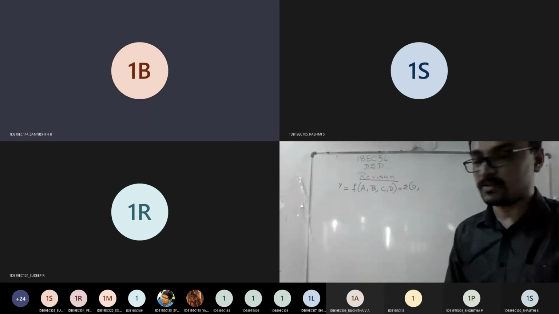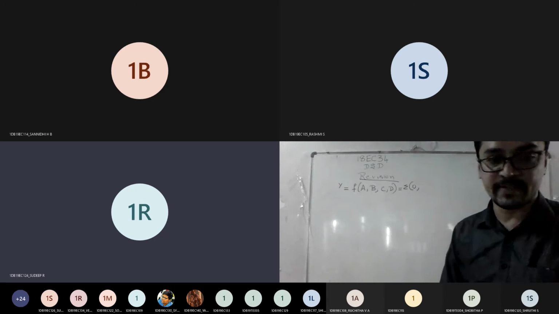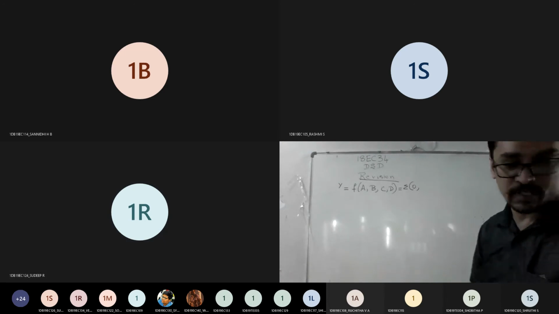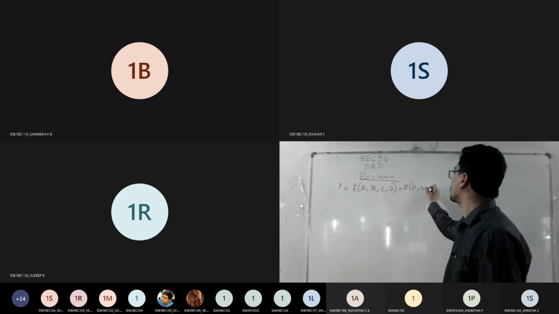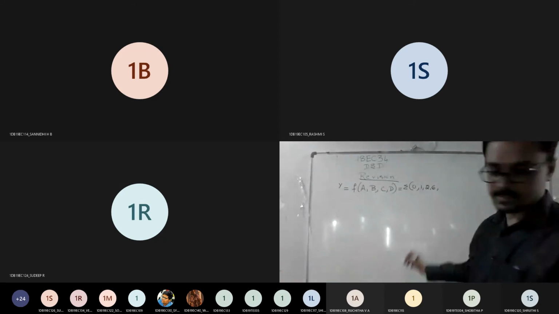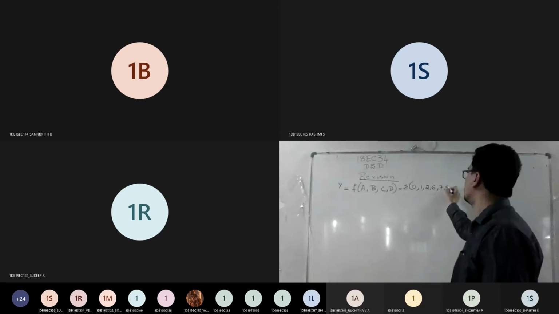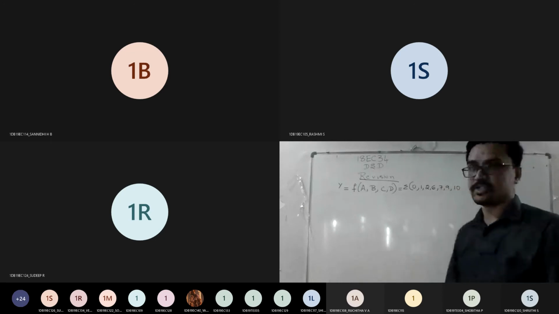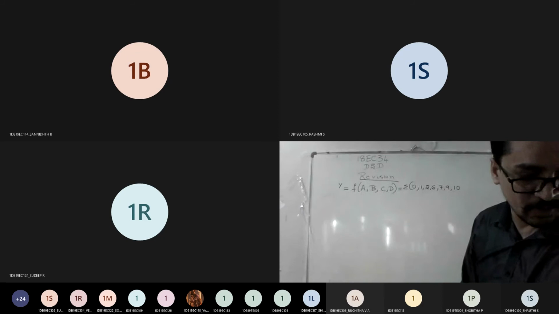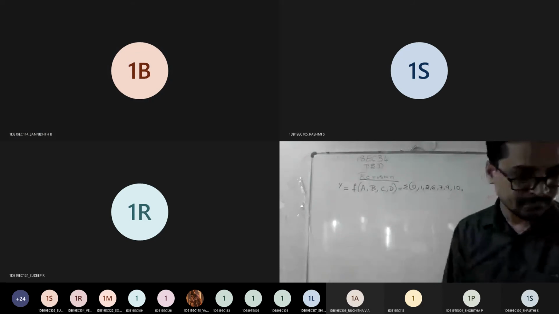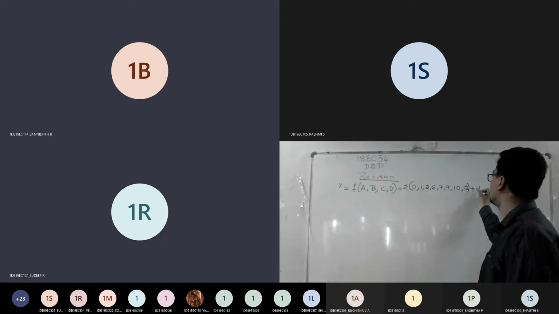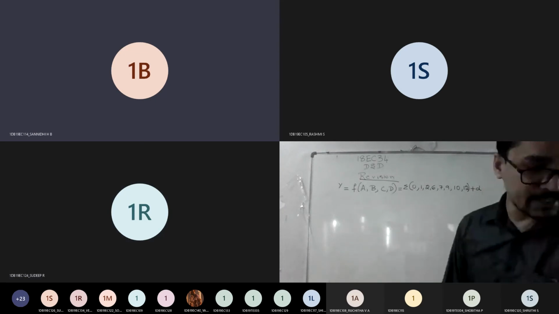Here the minterms are given as 0, 1, 2, 6, 7, 9. Check whether this problem is done or not. If it is done, I will change the problem. We'll change the sequence a little bit. The don't cares are 3 and 5.